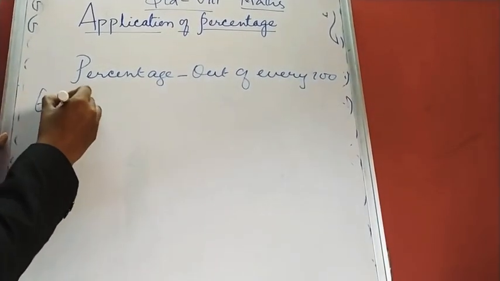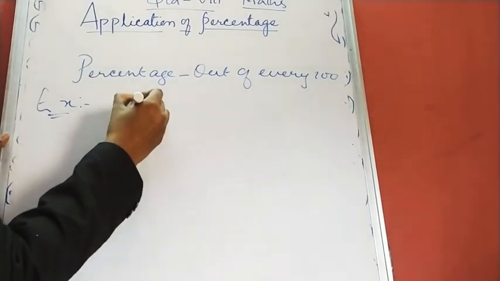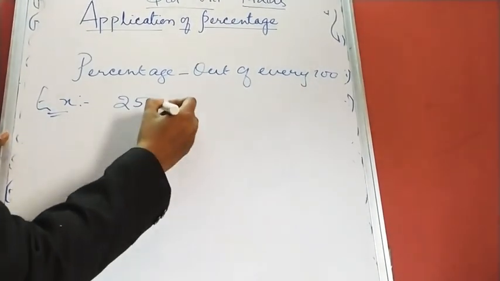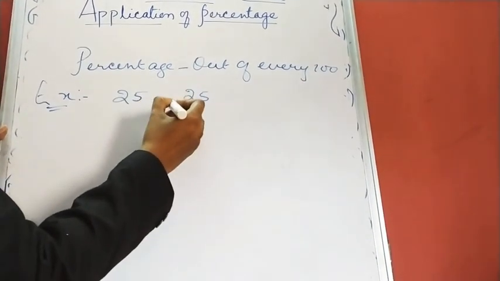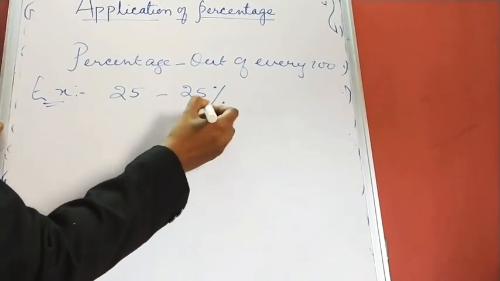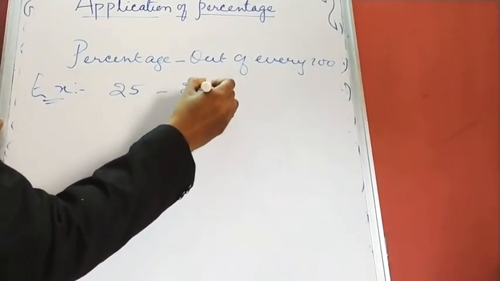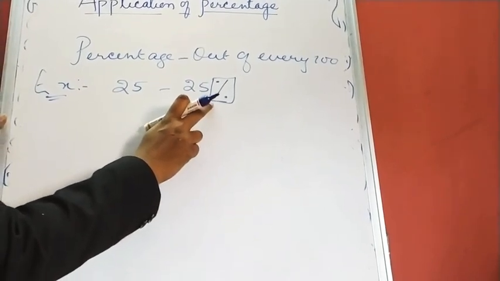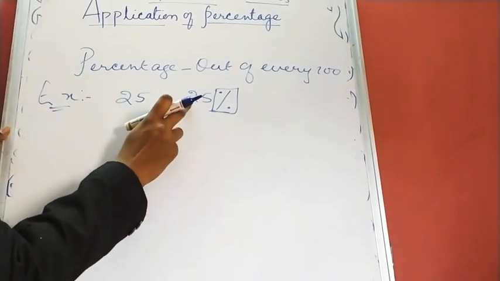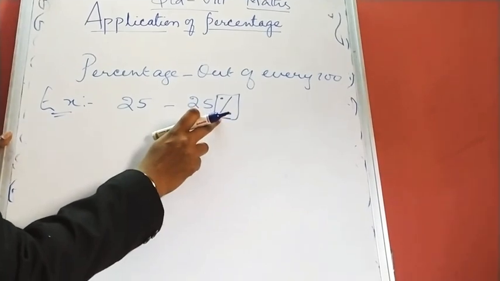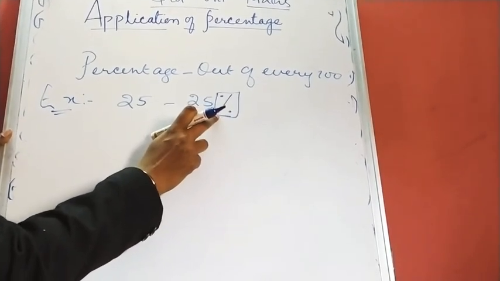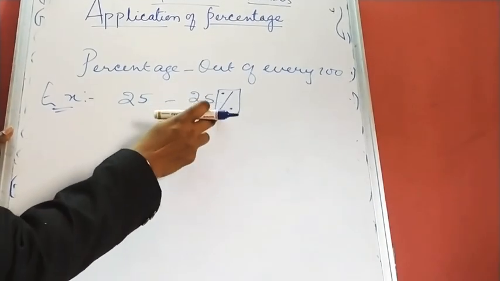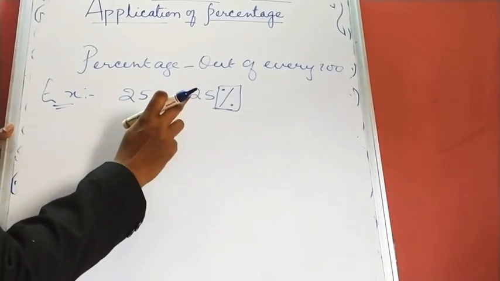For example, if you're expressing the number 25 in the form of percentage, we express it like this, 25 with this symbol. As we already know, this symbol is used to represent the percentage. So whenever we write the symbol here, it means that it is the percentage value of the given quantity.